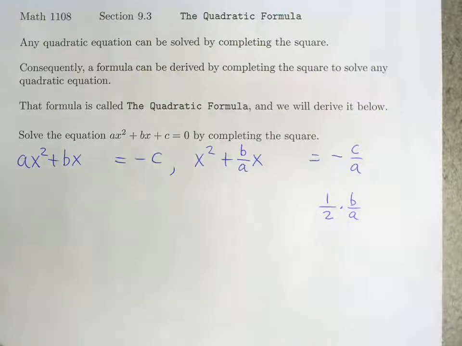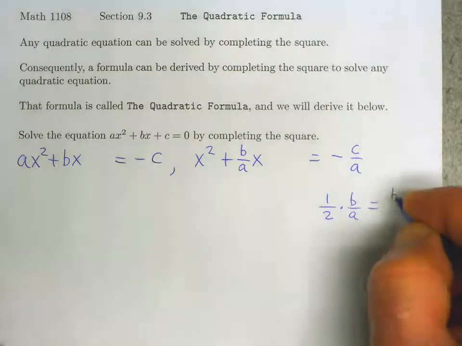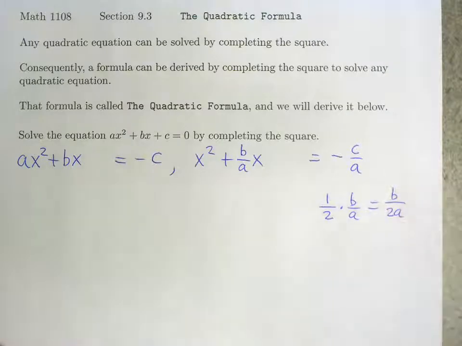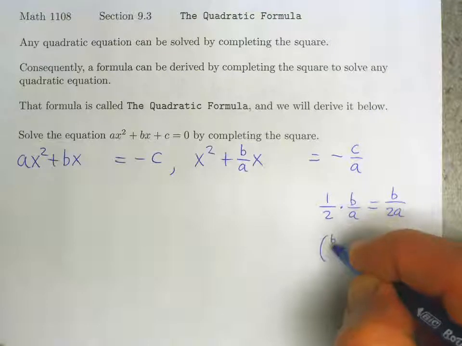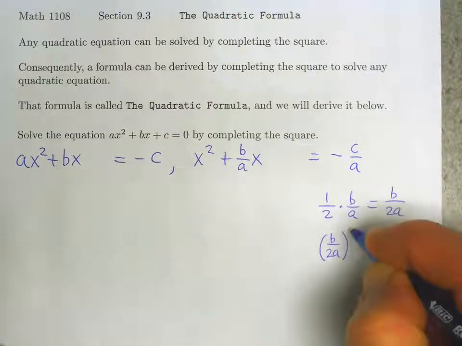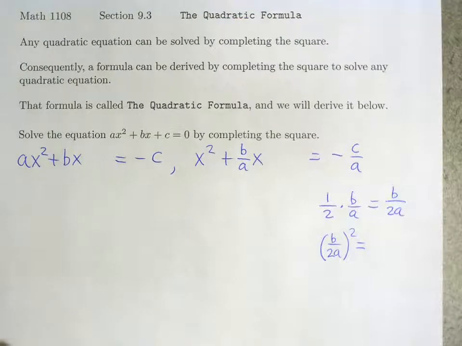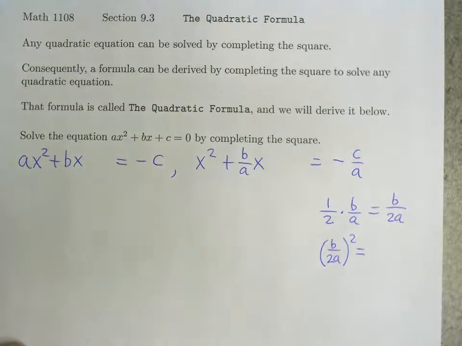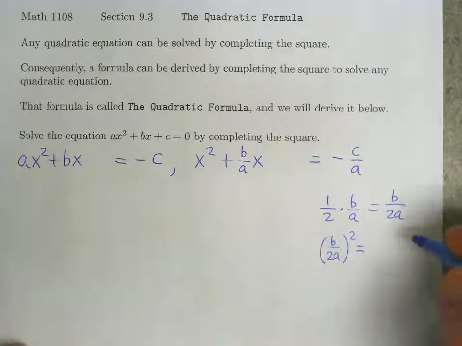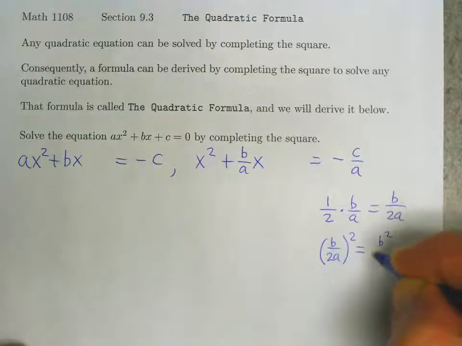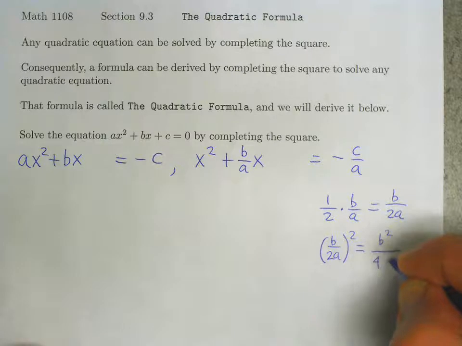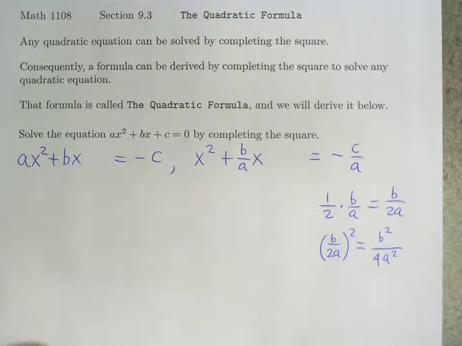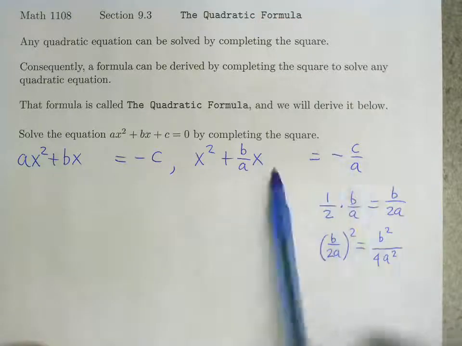And 1/2 times b over a is just b over 2a. And then we're going to square this number. When we square the number b over 2a, that just means b over 2a times b over 2a. So in the numerator, b times b is b to the second. And in the denominator, 2a times 2a is 4a to the second. Okay, so this is the number that we add to both sides of this equation.